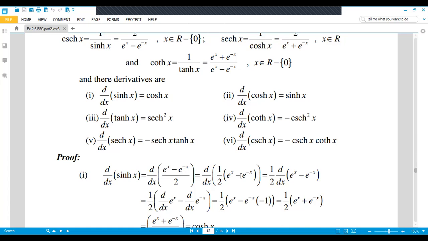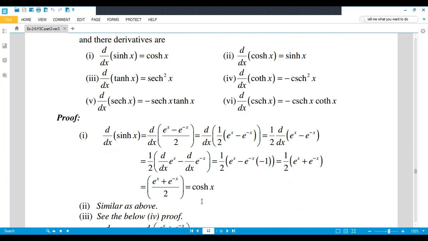You know that it is the derivative of the first function minus the derivative of the second function, e power minus x. This 1 over 2 stays as it is. The derivative of e power x is e power x, and further the derivative of the exponent x is 1.